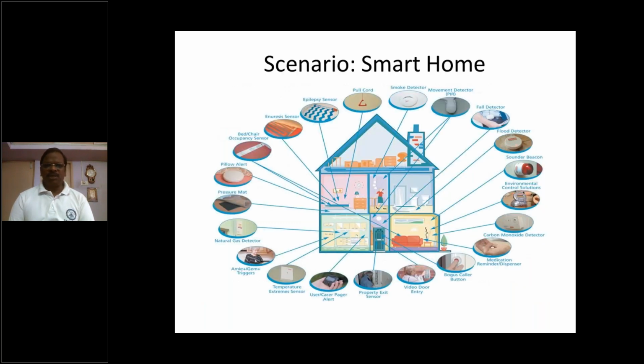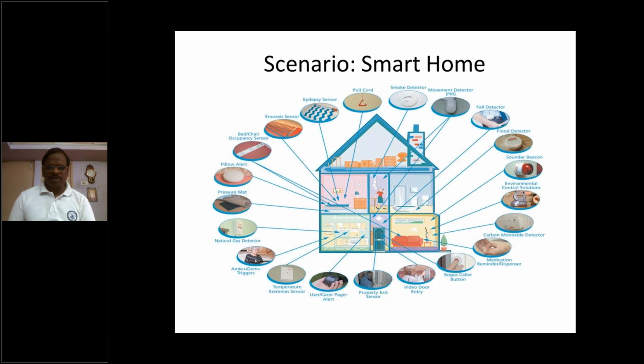Now, what are the scenarios of smart home? You can have scenarios. Sensors are available, bed and chair occupancy sensors are available, pillow alerts are available, pressure mats are available. A lot of smoke detectors are available. Movement detectors are available, fall detectors available, flood detectors available.